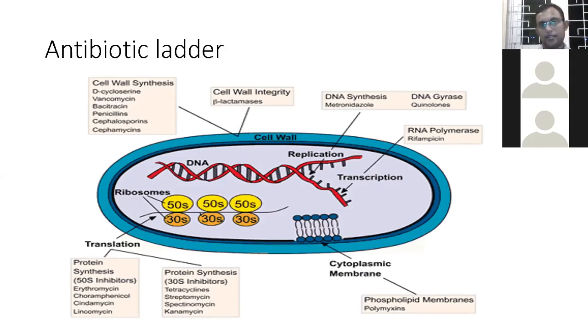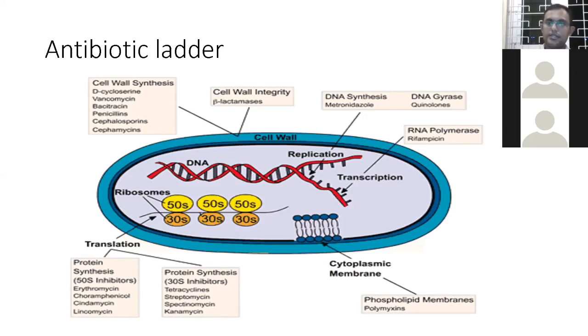So they attack the cell wall integrity, and then the cytoplasmic membrane is attacked by polymyxins, and the ribosome translation, the protein synthesis, is affected by erythromycin, chloramphenicol, clinda, all the mycins, and then you have the tetracyclines and streptomycin.